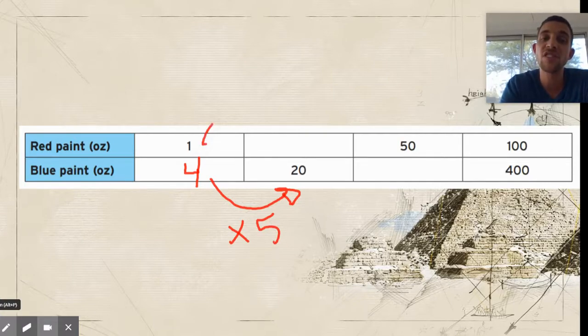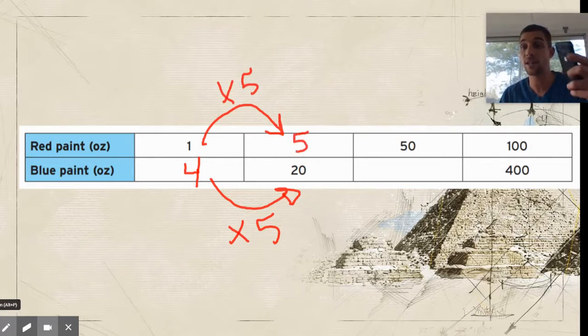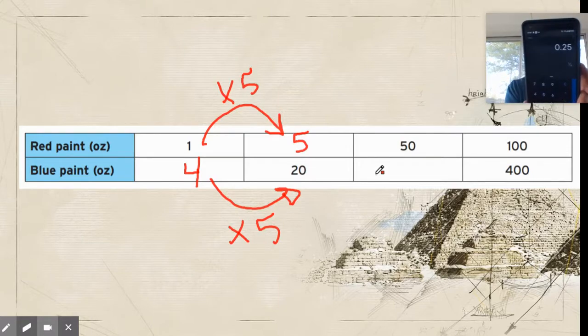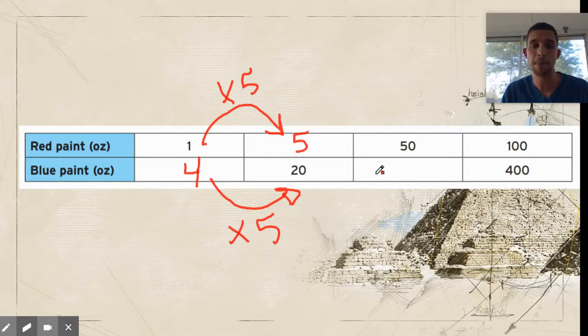So I'm going to do the same thing on the top. And I'm going to do 1 times 5 gives me 5. Now let's check and see if I got it right. Red paint divided by blue paint, 5 divided by 20. And I got 0.25, which means I got it right.